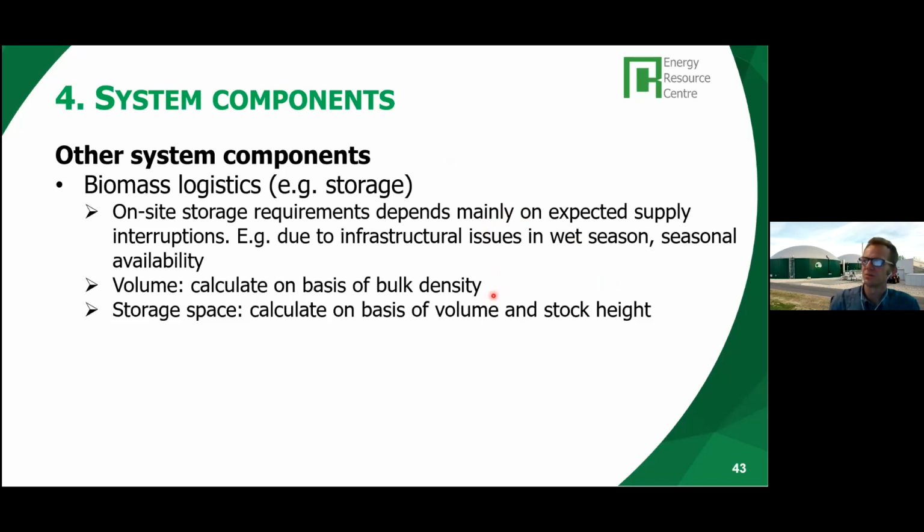So if you have fuels with a low bulk density, like byproducts, shells and husk, but also wood chips can have limited bulk densities, it means that every ton of fuel that you need can have multiple cubic meters that need to be considered for storage.